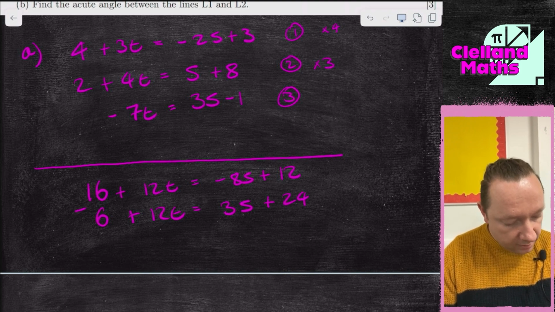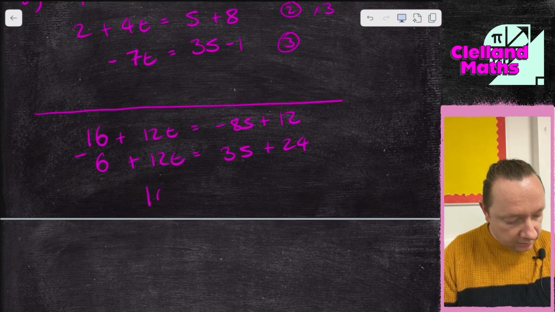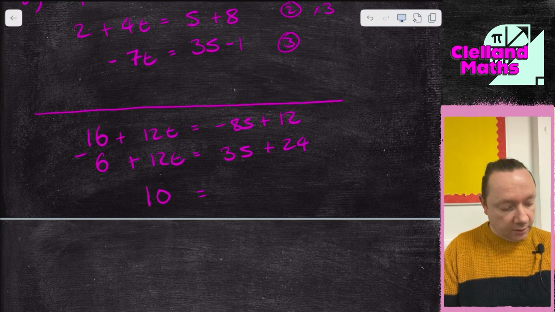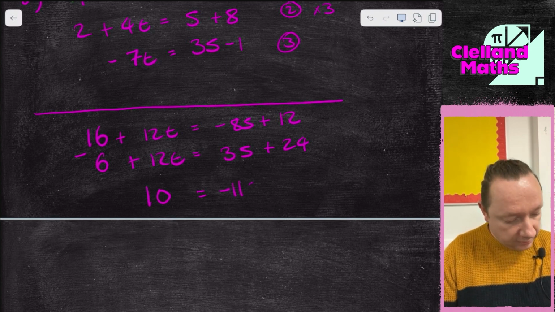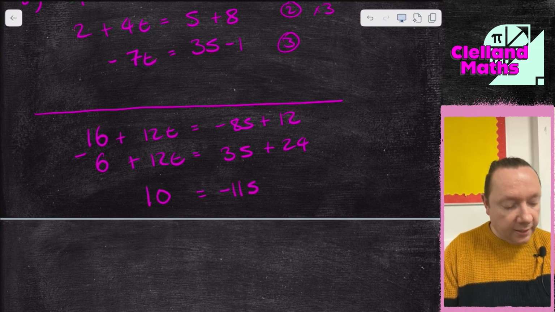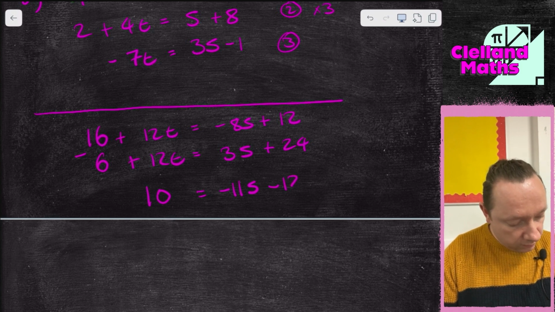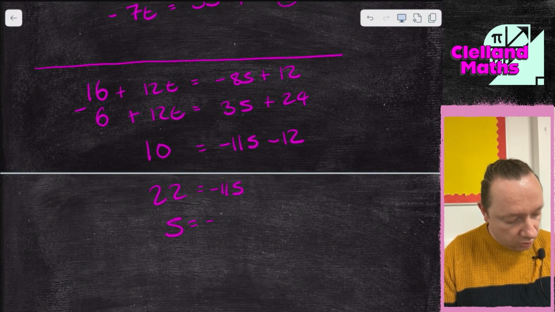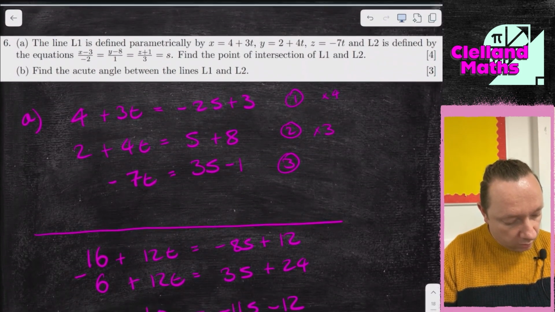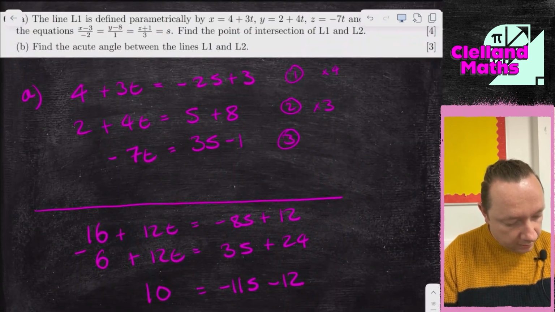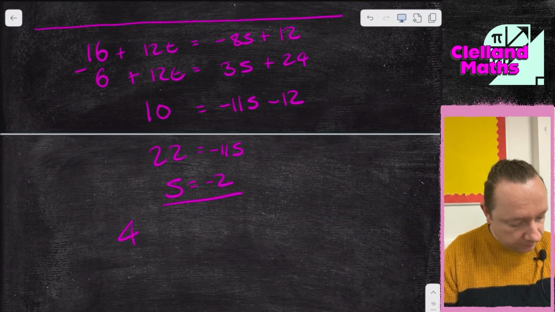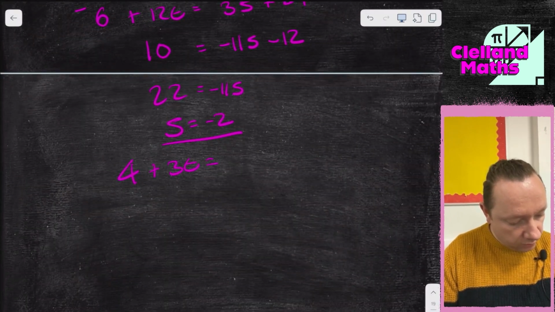Take away, then: 16 minus 6 is 10 on this side, minus 8 minus 3 is minus 11s, and 12 minus 24 is minus 12, so I'll take the 12 over to the other side to get 22 is minus 11s, and therefore s is minus 2. Sub it back into 1 or 2, so using 1, I've got 4 plus 3t equals minus 2s plus 3.